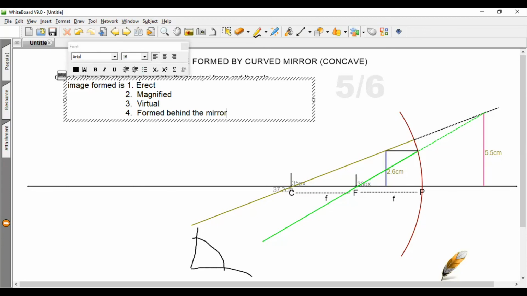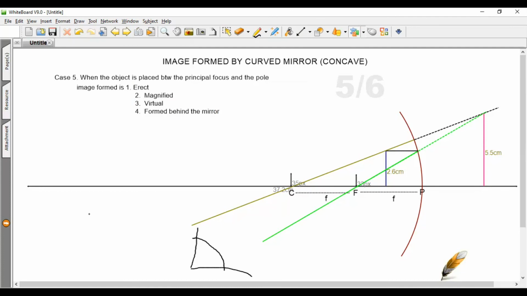Okay, formed behind the mirror, erect, magnified, and what? Virtual. So these are the 5 types of images that can be formed on a concave mirror with respect to the position of object.